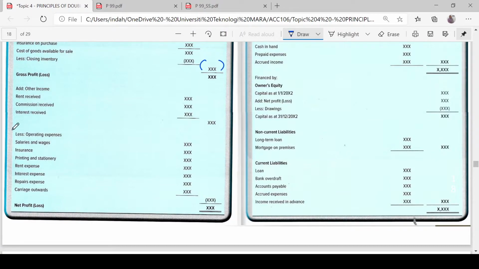Then we less the operating expenses, which can be salaries and wages, insurance, or other items, depending on the business. Gross profit plus other income minus operating expenses is equal to net profit or loss. If it is positive, it is profit. If it is negative, it is loss.